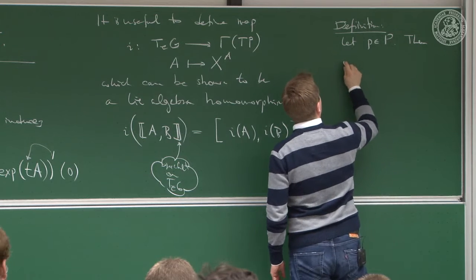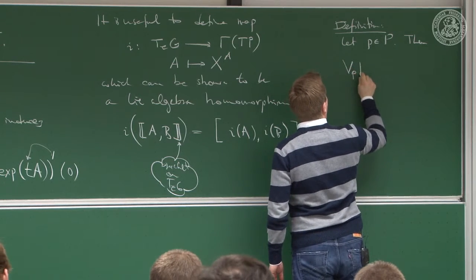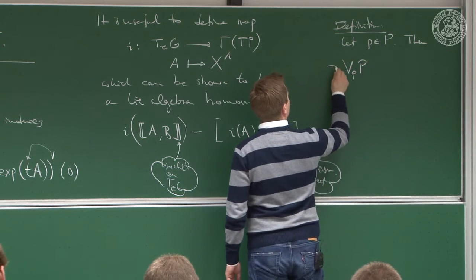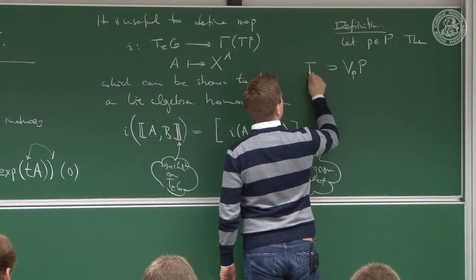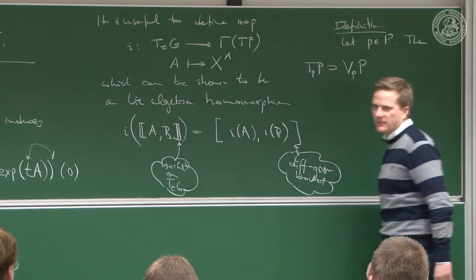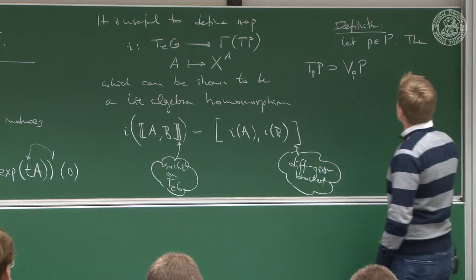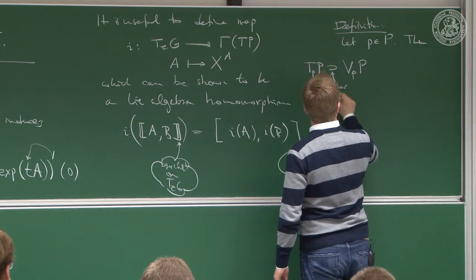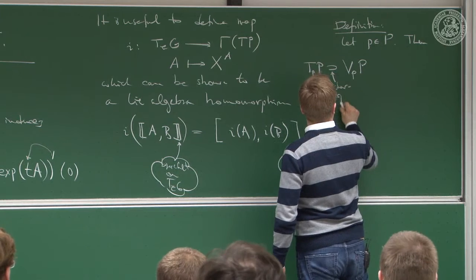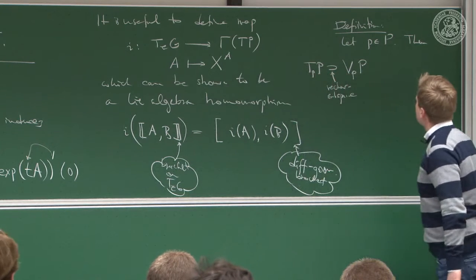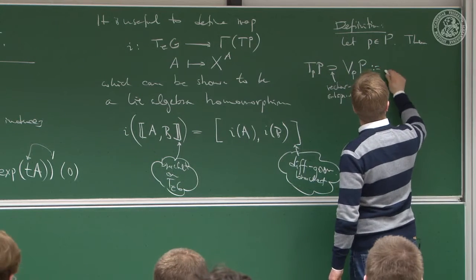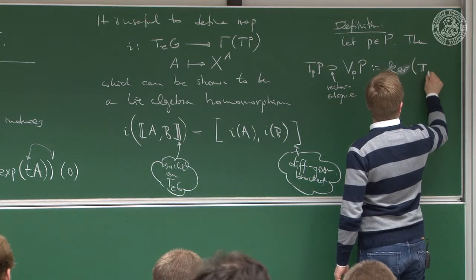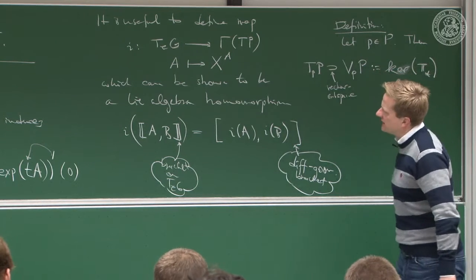Then we define the so-called vertical subspace at the point P, which is really a vector subspace of the tangent space at P. So this is really supposed to be a vector subspace, not only a subset. We define this to be the kernel of the push forward of the projection pi, which is the bundle projection.